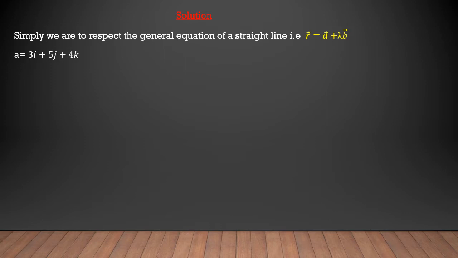And B, since it's parallel, is going to be the direction vector. Then we simply represent it using the equation of a straight line, and that is all about it.